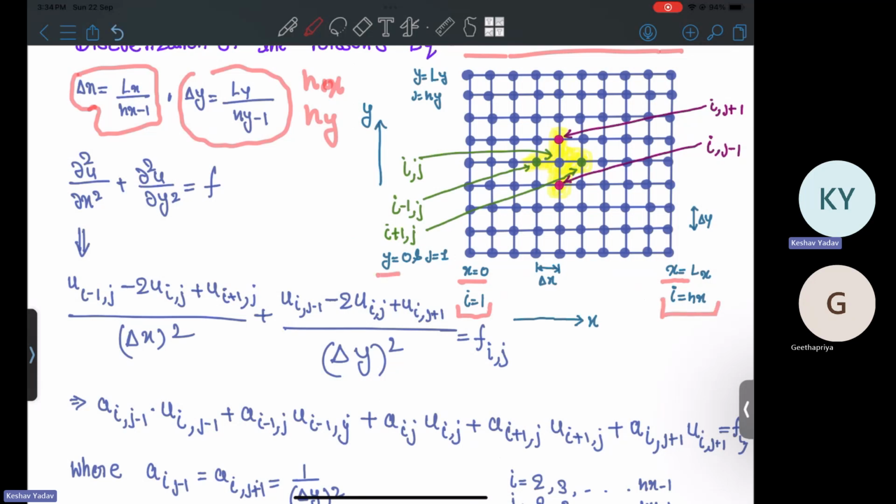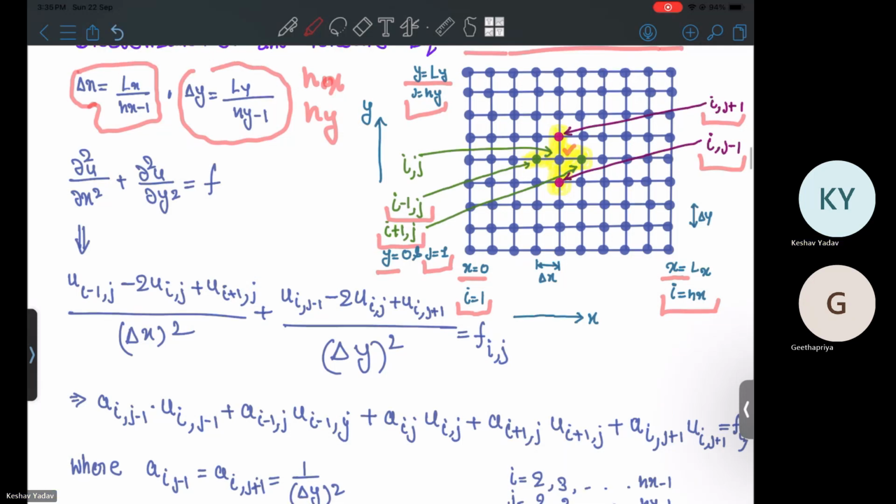Similarly, y starts from 0 going to Ly, and j starts from 1 and goes to ny. Suppose this is my i, j location. Just above it is i, j plus 1. Just below it, i, j minus 1. Just left of it, i minus 1, j. And just right of it, i plus 1, j.